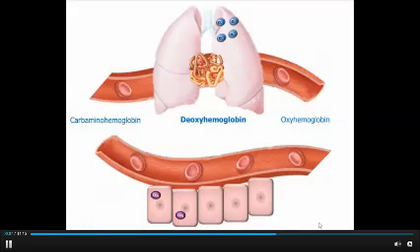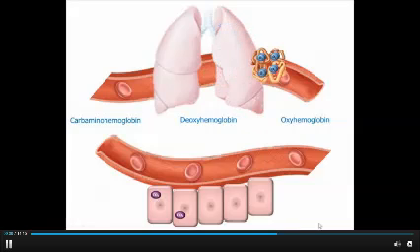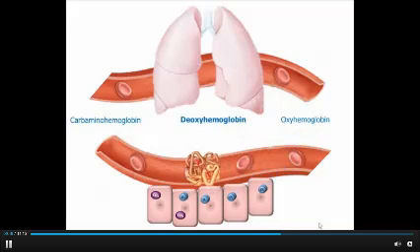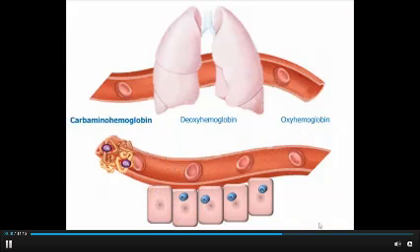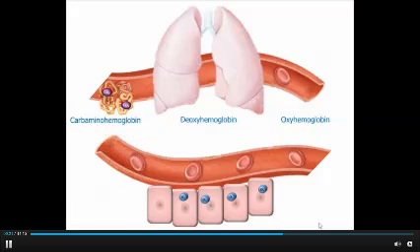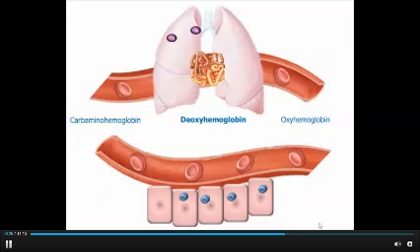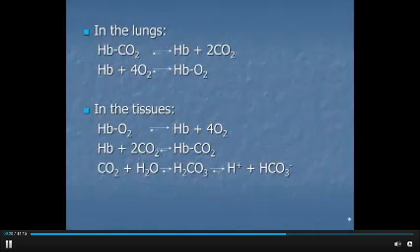Let's watch this animation again. So once more, in the lungs, carbaminohemoglobin dissociates to produce reduced hemoglobin and release carbon dioxide that we exhale.